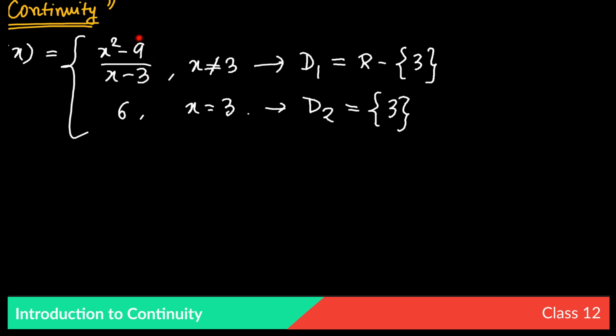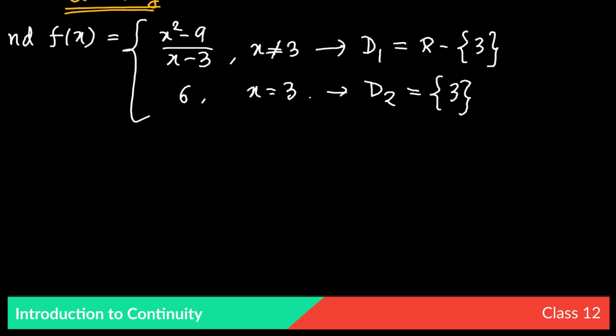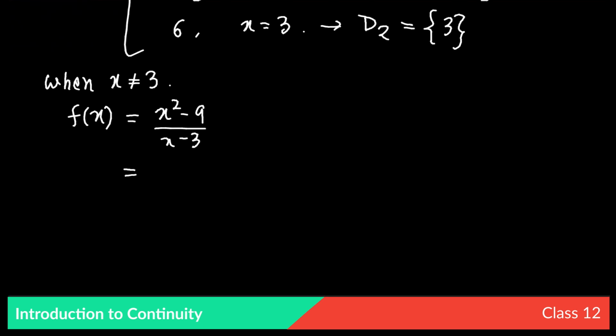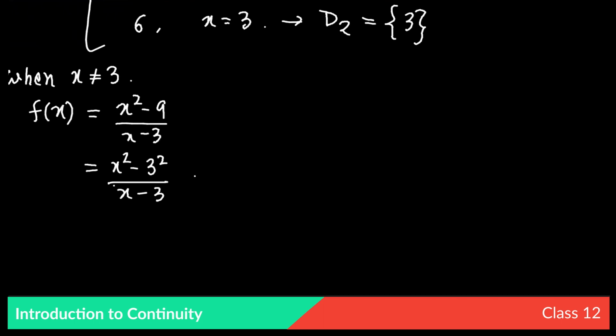Now if you look at this properly, f(x) = (x² − 9)/(x − 3) when x is not equal to 3 is actually a straight line. Why? Because x² − 9 means x² − 3², and all of us know the formula a² − b² = (a + b)(a − b).